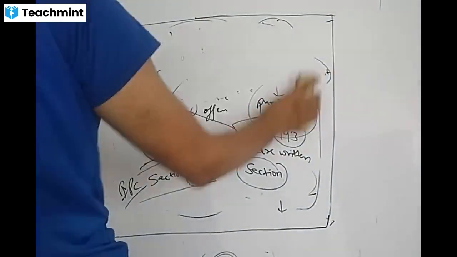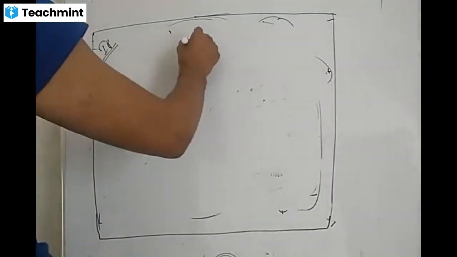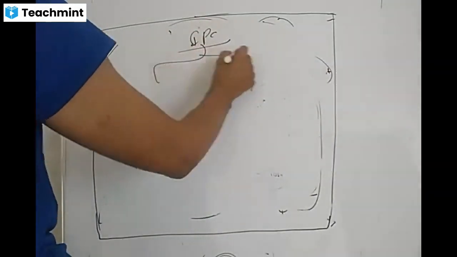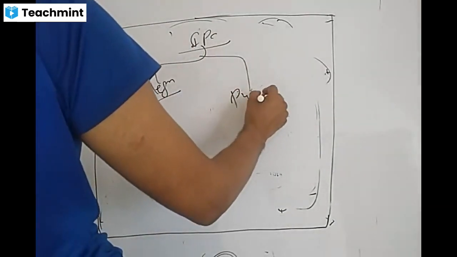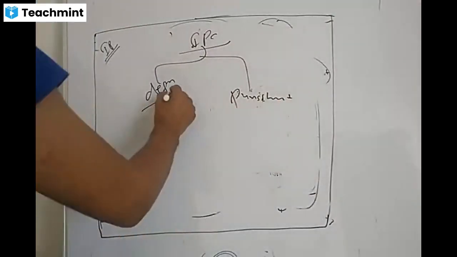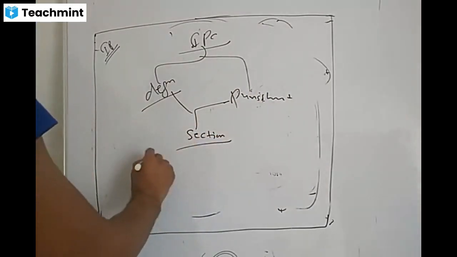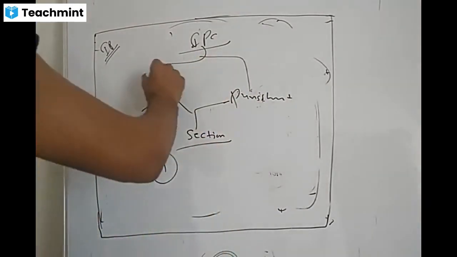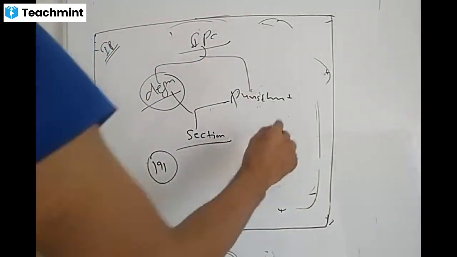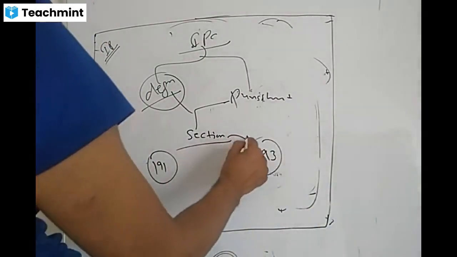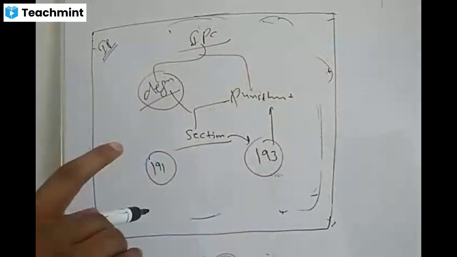So if we look at the Indian Penal Code, it tells us about only and only two things. It will tell about definitions and it will tell about the punishment. And both are written in the form of sections. If section 191, it means we are talking about the definition of perjury. If section 193, it means we are talking about the punishment of perjury.